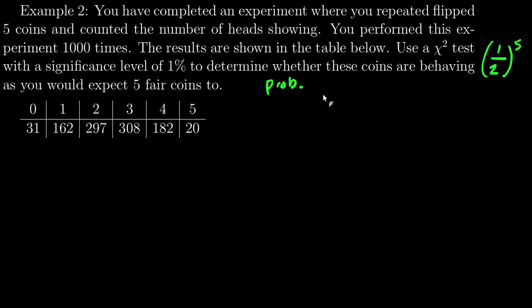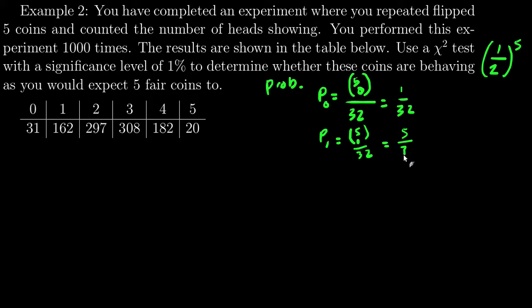The probability of getting no heads here is going to be, I flip the coin 5 times, I choose 0 of them, so 5 choose 0 divided by 32, which is 1 out of 32. The probability of getting 1 heads is 5 choose 1 over 32, which is 5 over 32.